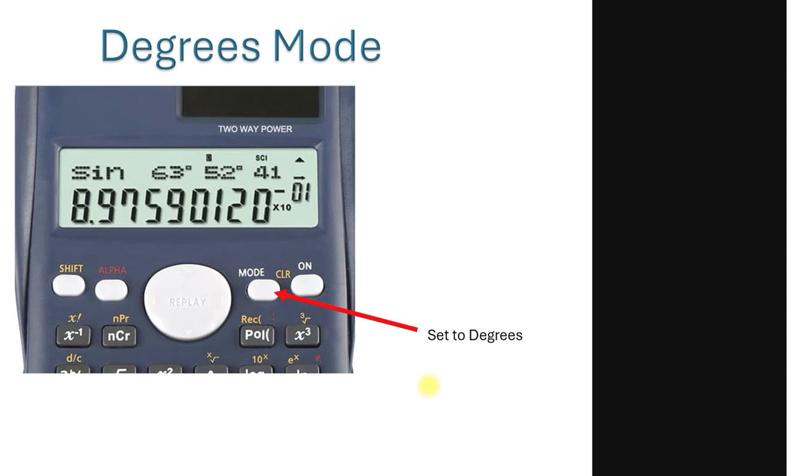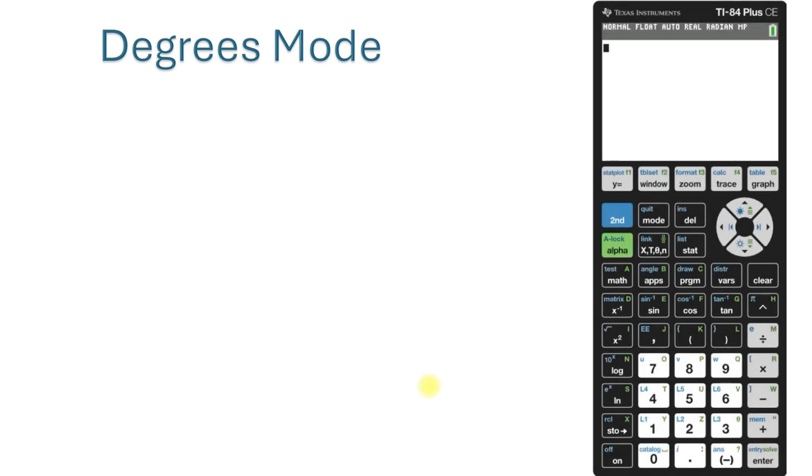Now, on this particular calculator, the Texas Instruments T184, it's a little bit more complicated, so let's have a listen to see how that's done. When using your calculator for solving trig ratios, the first thing you need to do is to make sure that your calculator is set to degrees mode.